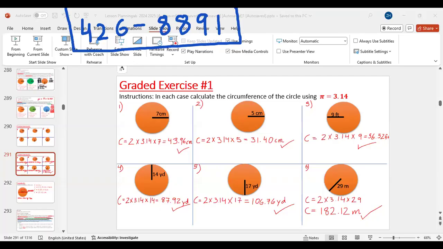Take a picture and send it to me via WhatsApp. Very good. That's what I want you to do. When you get your grade from the quiz, take a picture of that and send it to me via WhatsApp.